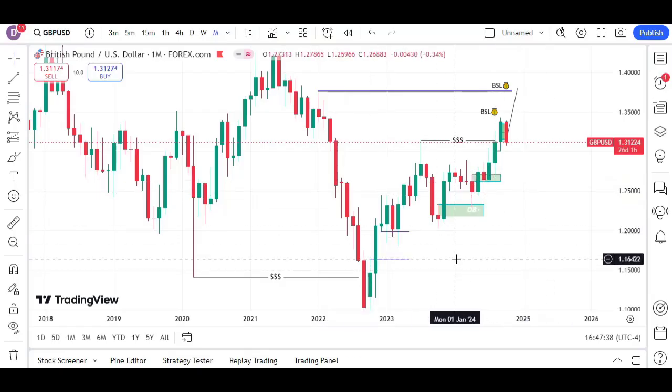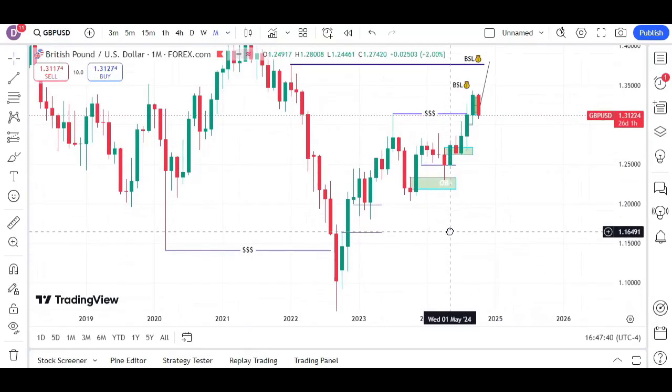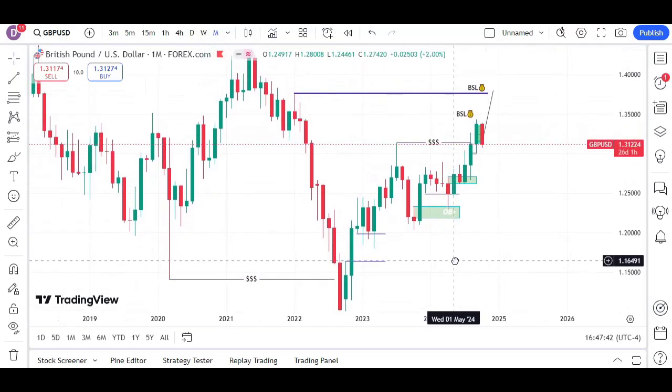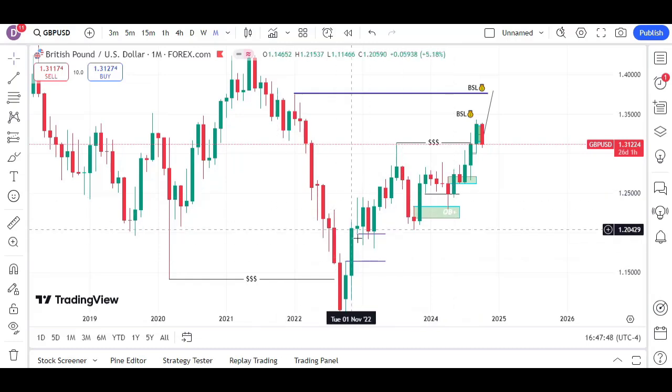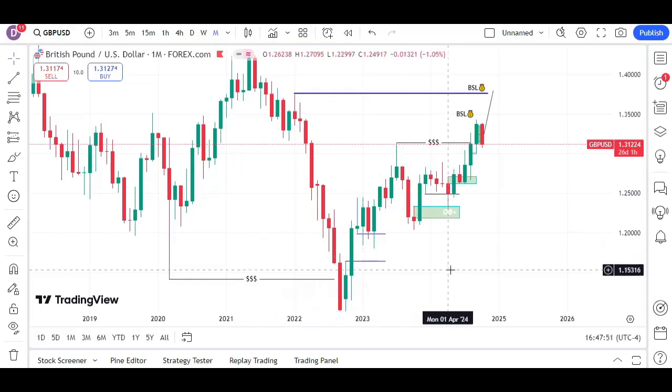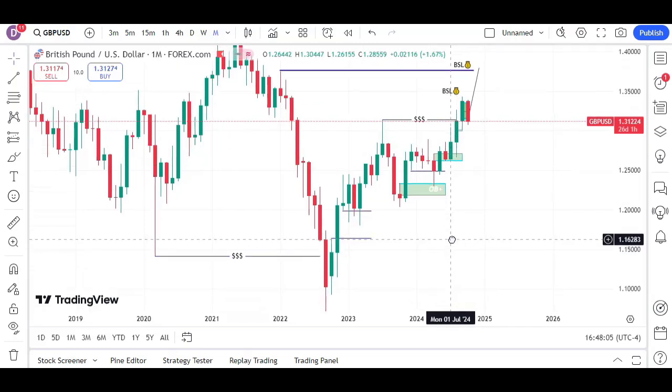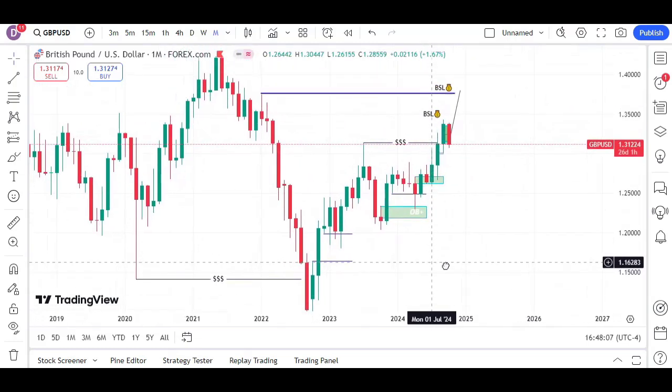So basically, this is a monthly chart of British pound US dollar, that's GBP USD, or popularly known as cable. If you saw my last video, that's my first trading video on this YouTube channel, I made this analysis the last time.